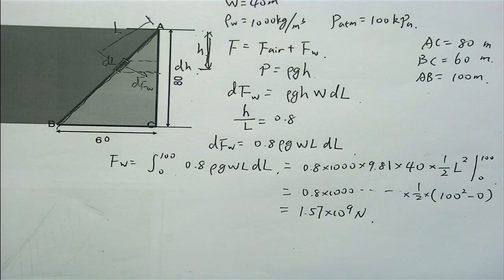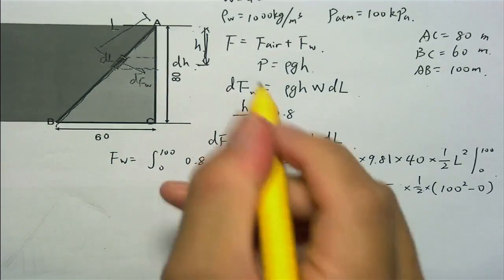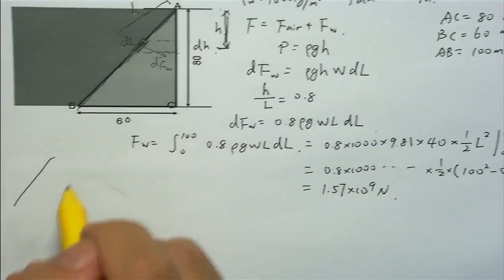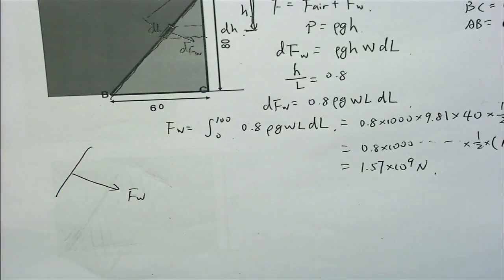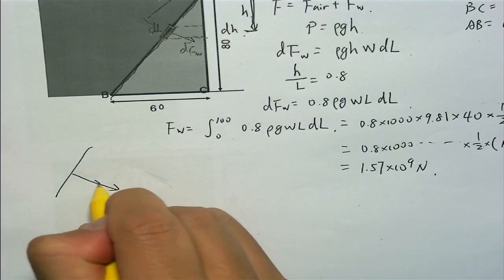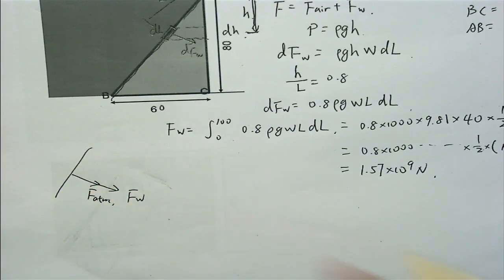Not 1.97, it's 1.57, because it is just the force by the water. Now that we know the force by the water, we also need to add the force from the air, from the atmosphere.